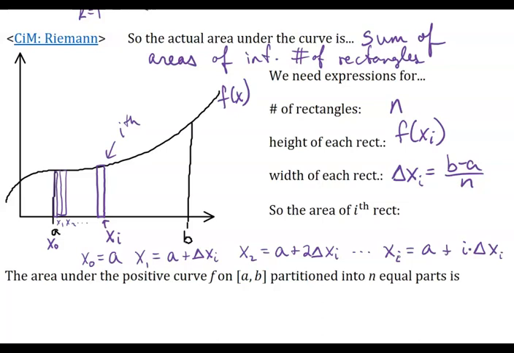All right, so the area of the ith rectangle is the height of the ith rectangle, which is f of x sub i, which is going to be f of this. I'll fill that in a minute. And I'm going to multiply that times the width of each rectangle, which is delta x.